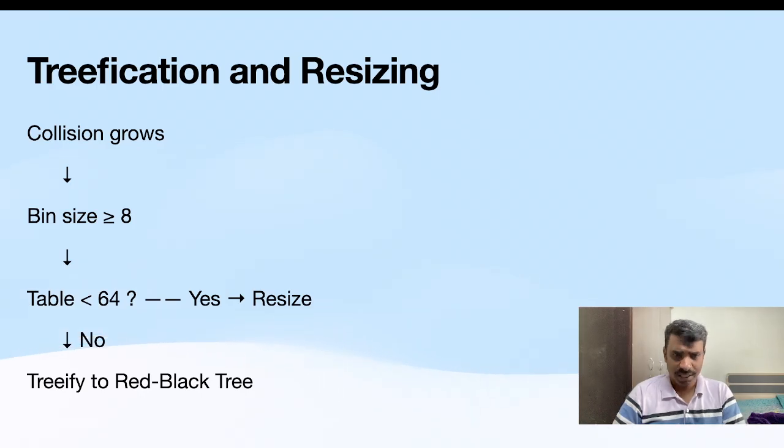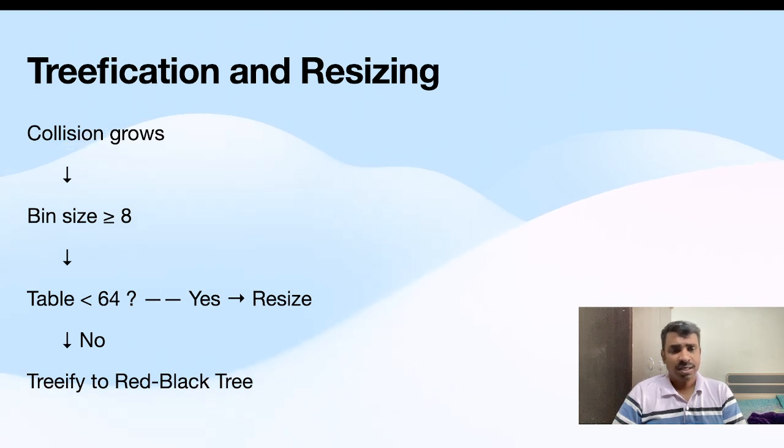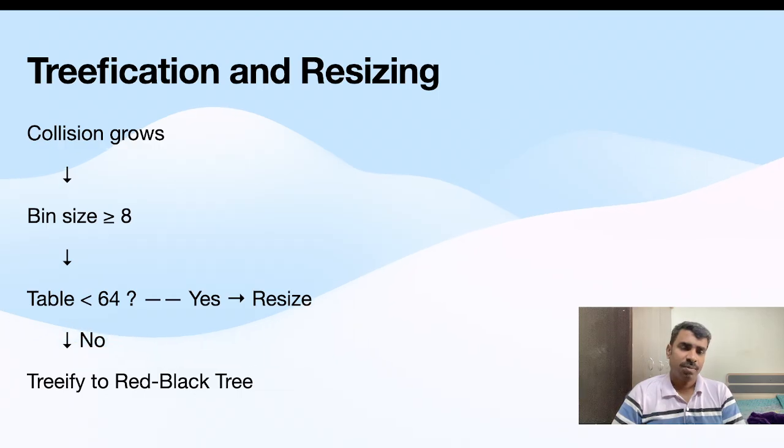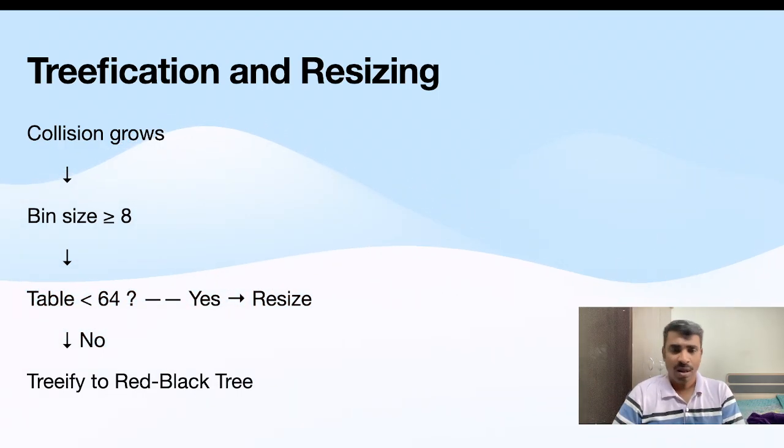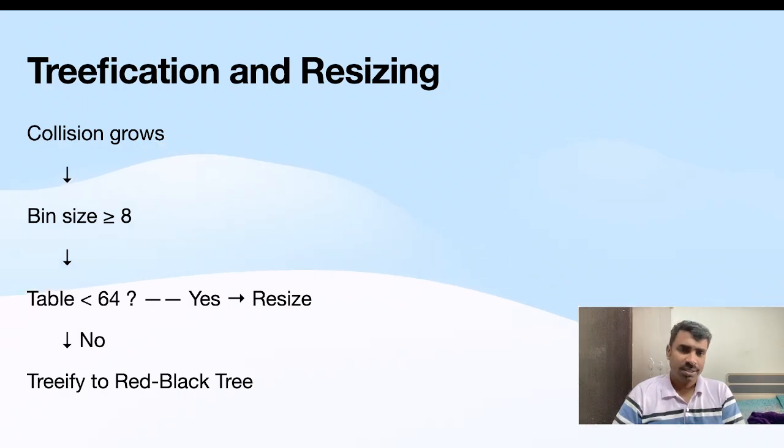If it is less than 64, then it will resize. So it will resize the size of the map. Even if the collision count or bin size is greater than or equal to 8, but the table size is less than 64, it will not create a tree, but instead it will resize.